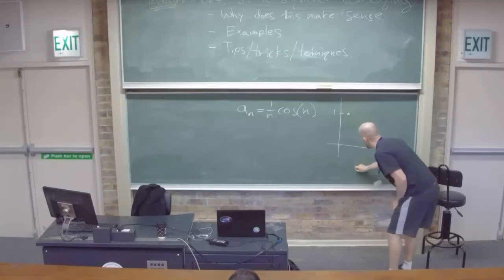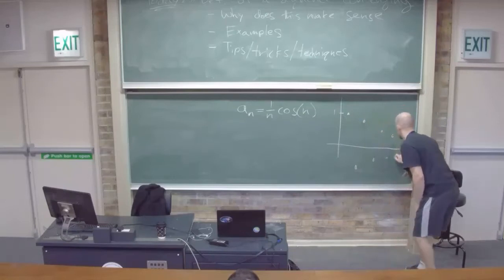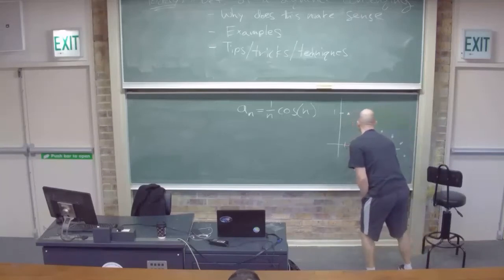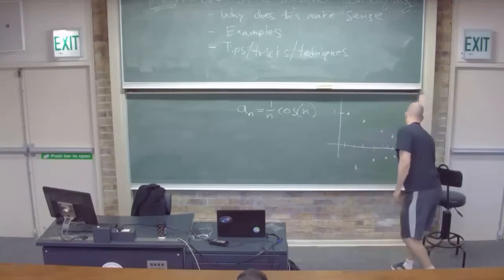It kind of goes down, comes here, goes here, goes here. This isn't to scale or anything, but this is just to give you an idea of what's going on. And these would really be at discrete points. I haven't drawn my points exactly equally, but this is the idea.